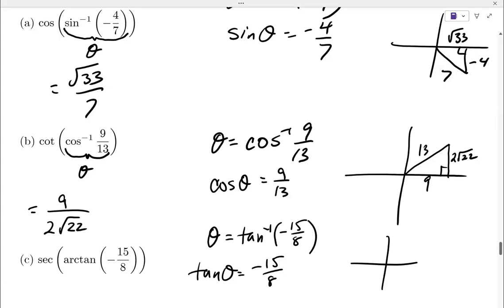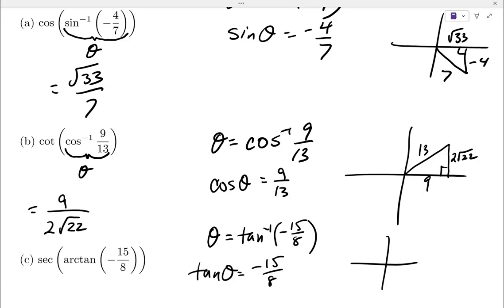The big thing about these is remembering where to draw your reference triangle. Inverse tangent gives you an angle in the fourth quadrant or first quadrant, right? Why is it the fourth? You're exactly right. Because it's negative, right? It's negative 15 over 8.